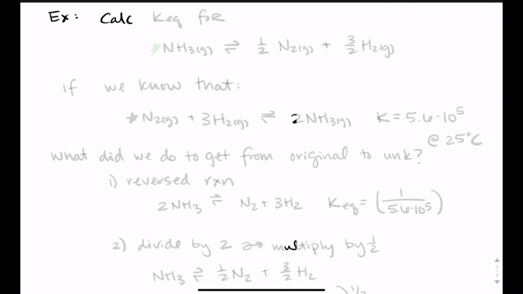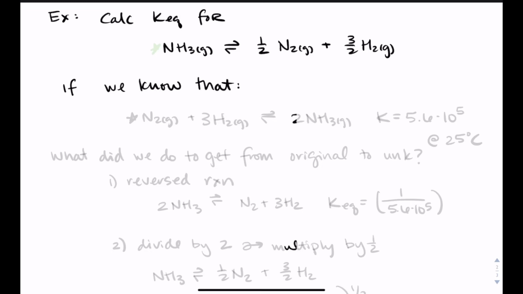So as an example, the way that you are going to see this is that we have a reaction NH3 in equilibrium with half of an N2 and 3/2 of an H2. And we want to know the equilibrium constant for that.